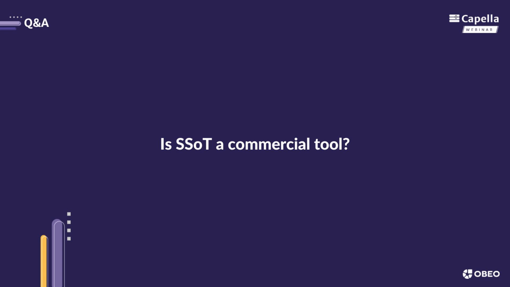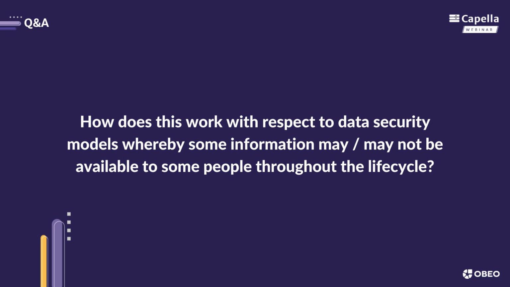Next question. How does this work with respect to data security models, whereby some information may or may not be available to some people throughout the life cycle? Okay, that's a very good question. Here, I didn't address this part of restricting the access to some connections.